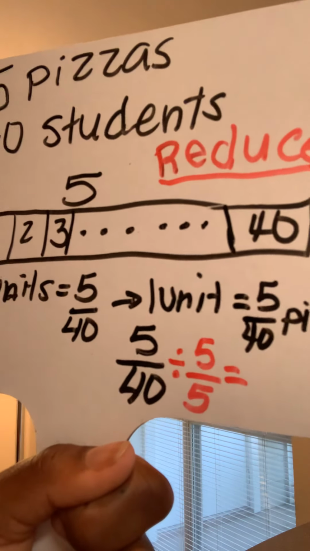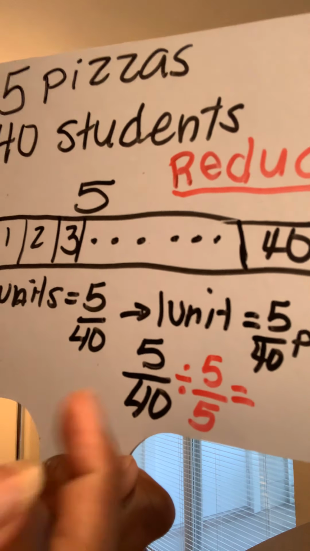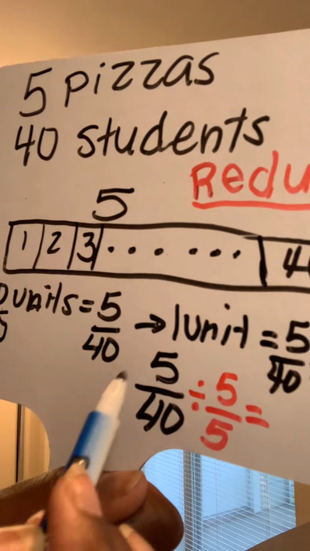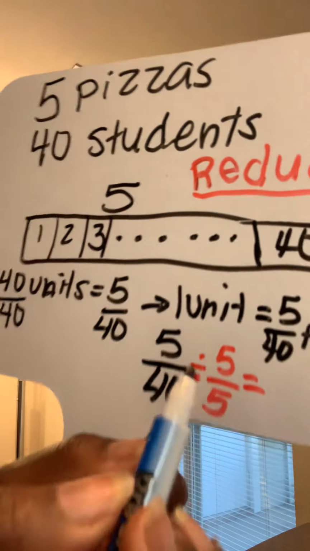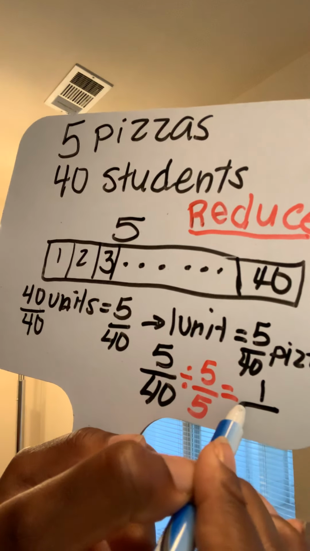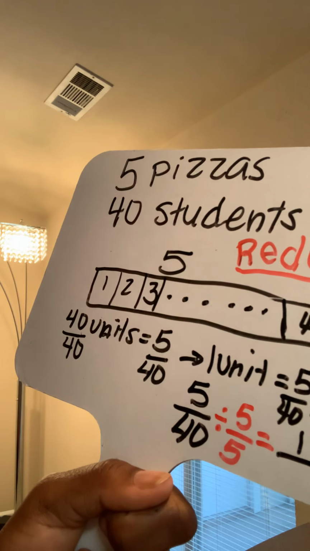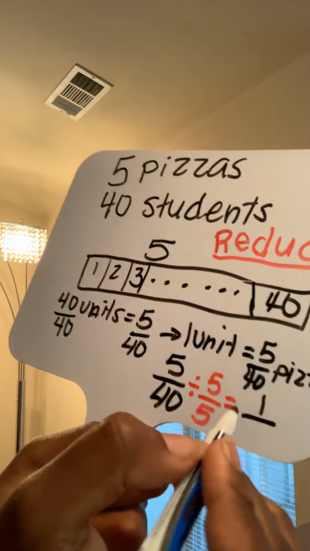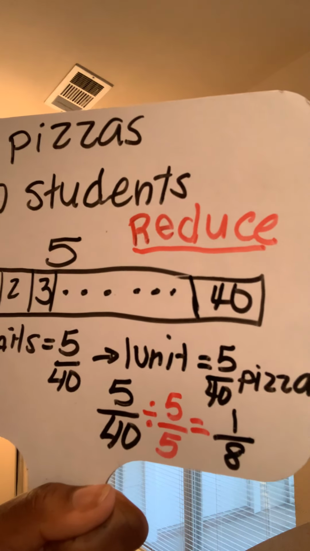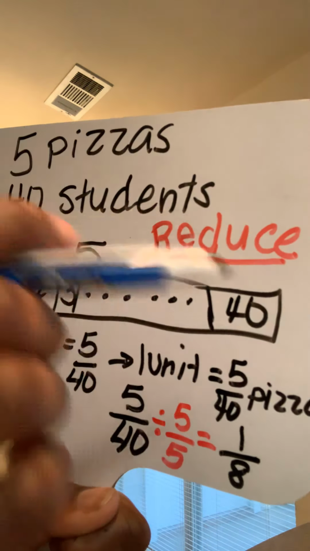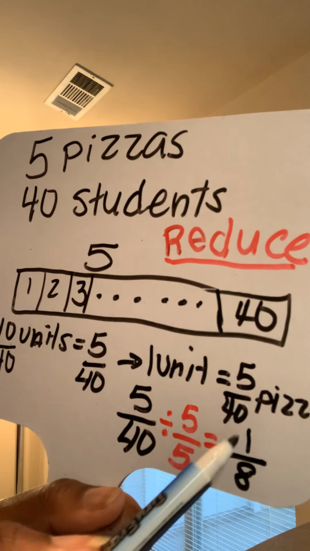And this is how we are going to get our reduced fraction. So when we are dividing, we are going to simply divide straight across. 5 divided by 5 is equal to 1. And 40 divided by 5 is equal to 8.